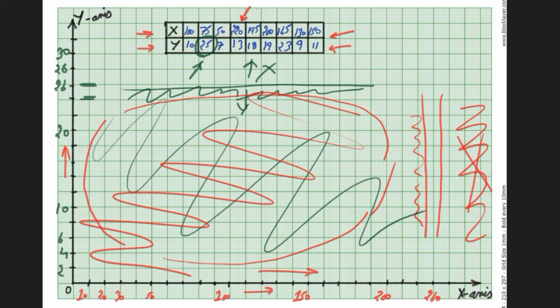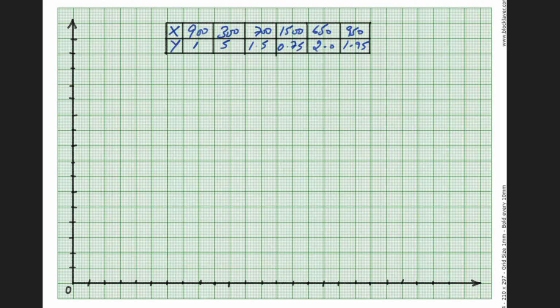Let's move to the third example. Now, in the third example, again, you have numbers in x which are very high in value and numbers in y which are very low in value. Now, let's tackle the y-axis first. The biggest number is 5.